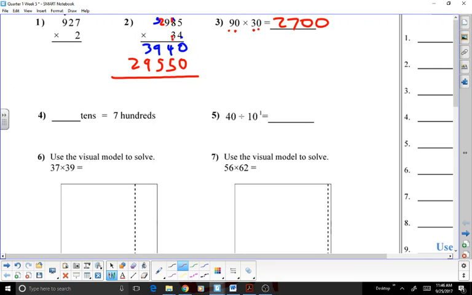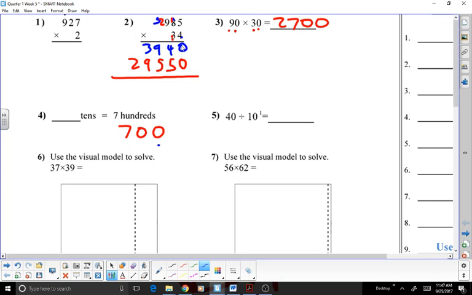Okay? How about 4? How many tens are in 700s? Here's the ones place.